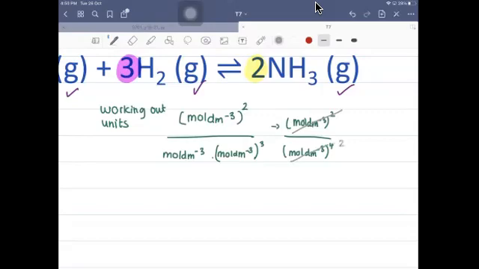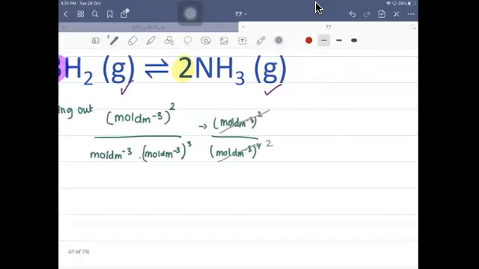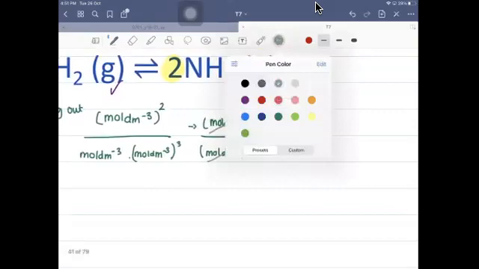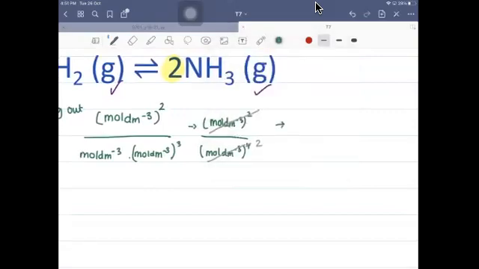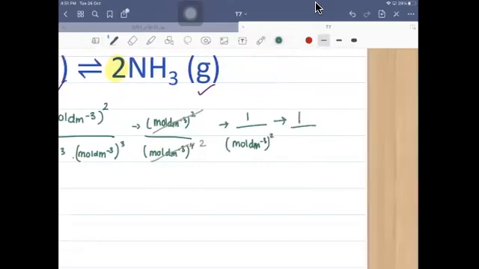So I'm left with mole per dm cube to the power of 2 at the bottom. That means my unit is 1 over mole per dm cube squared. You can then open the bracket.